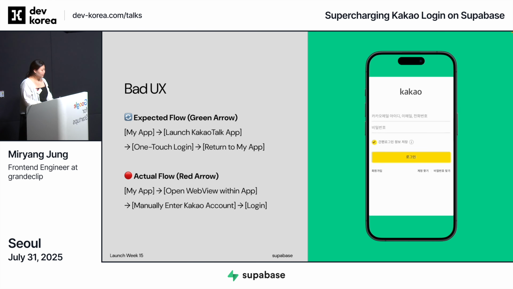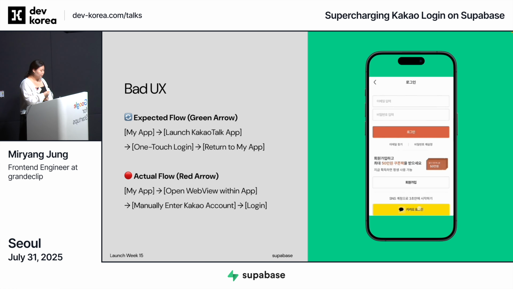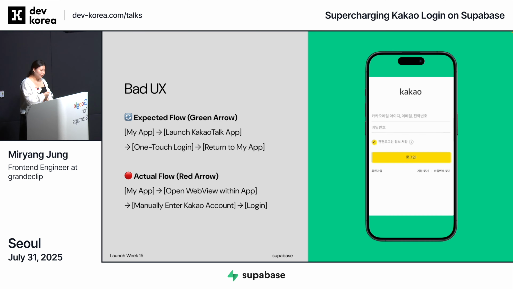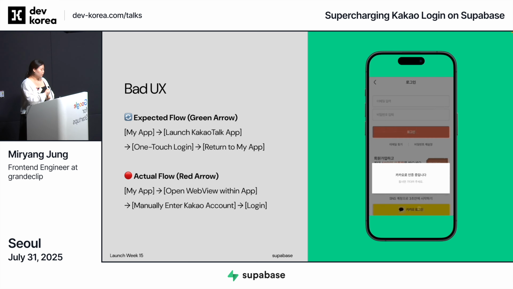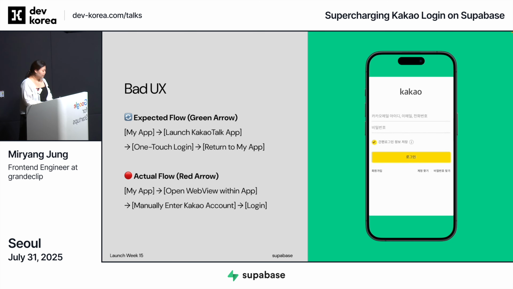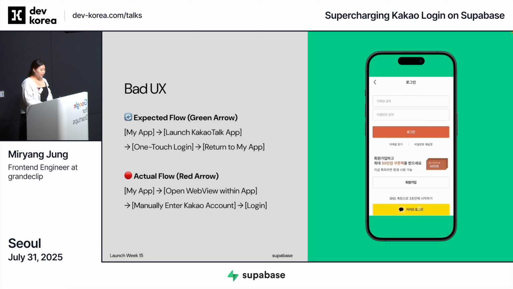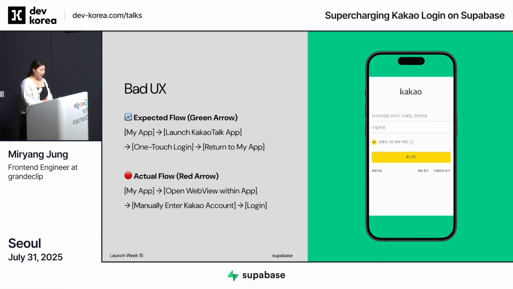On mobile, users expect a simple flow. Tap login, the app opens, confirm with one tap, then return to the original app. But the built-in sign in with OAuth flow in Supabase didn't support that on mobile. It opened the web view inside the app and asked the user to type an ID and password. Actually, these days, many people don't remember them.